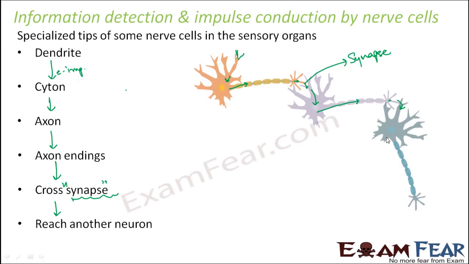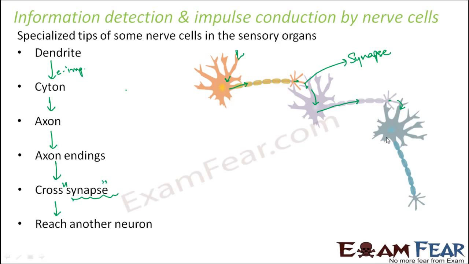That information will be transmitted to the dendrite of the next neuron, where it will get converted to an electric impulse, and then it will keep on getting transmitted from one neuron to another, and finally it will reach your brain. Your brain will say, oh, this is a tiger. Then the brain will send back its order to your muscle cells, and then you will start running. That is how it happens.